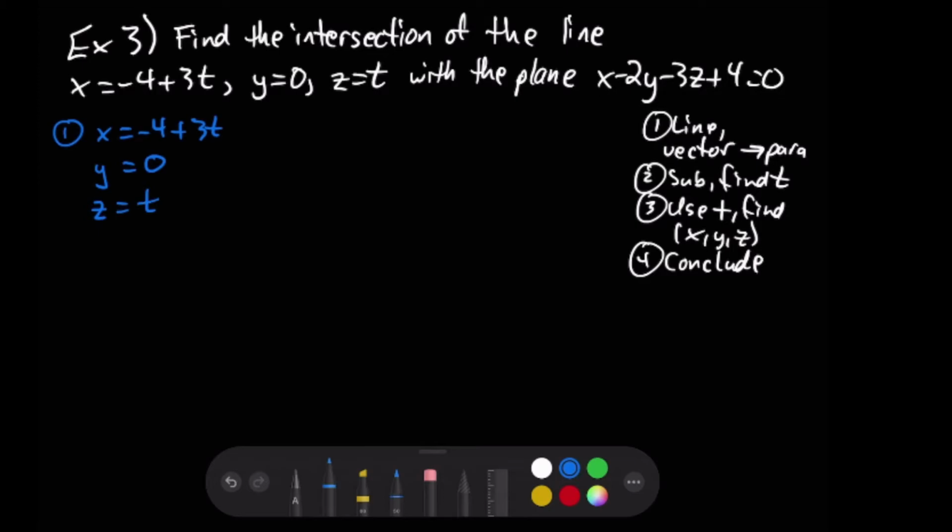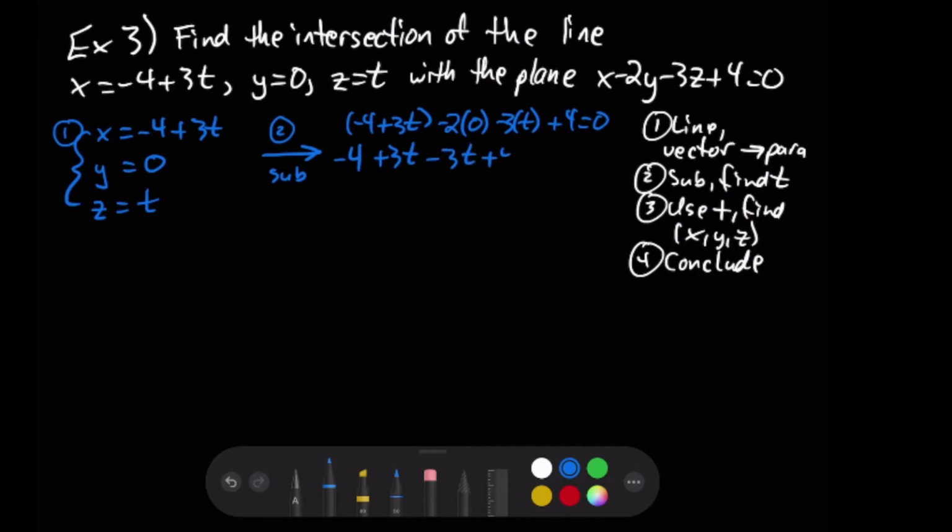All right, step 2, we're going to sub into the equation of our plane. So x is negative 4 plus 3t, minus 2y is 0, minus 3z is t, plus 4 equals 0. Let's expand, collect our like terms, and solve for t. I'm going to have negative 4 plus 3t minus 3t plus 4 equals 0.